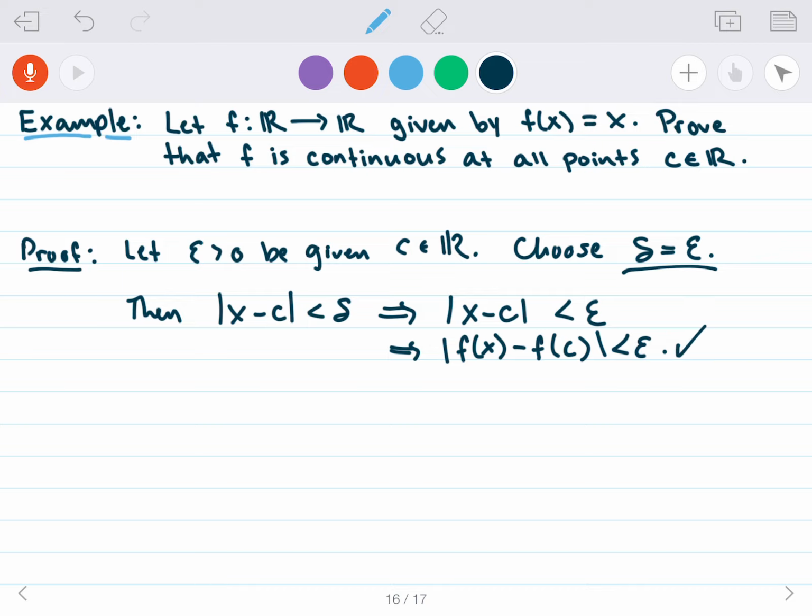We have everything now. So therefore, by the definition of continuity, f of x is continuous at all c, it's a better way of writing that.